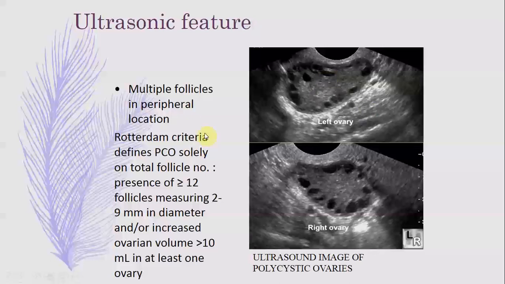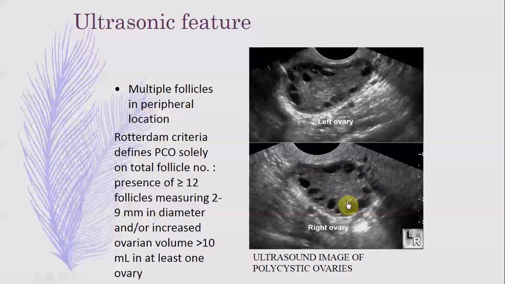A presence of more than 12 follicles. We see that we have about 12 when we count, which are peripherally distributed in the ovary. All these follicles are small, about 2 to 9 millimeters in diameter, and an increase in the ovarian volume of more than 10 milliliters.